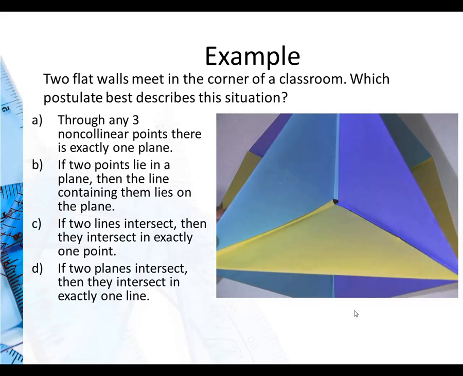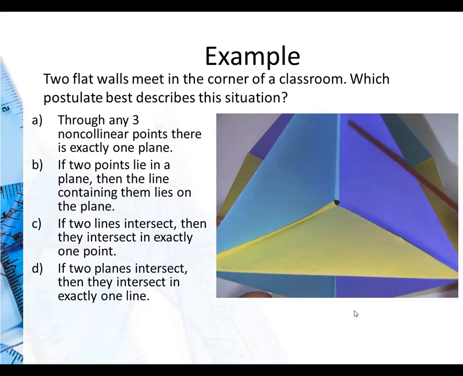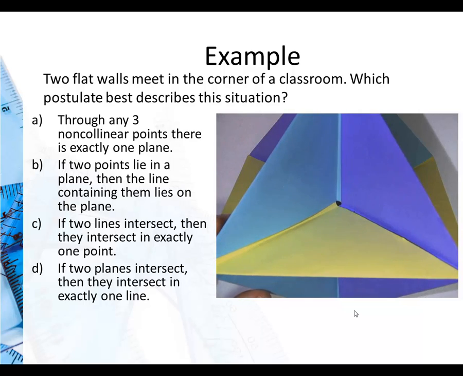Okay, if 2 points lie in a plane, then the line containing them lies in the plane. Well, we're not really talking about 2 points. We're talking about 2 planes. All right. If 2 lines intersect, then they intersect in exactly 1 point. Well, that's true. In fact, all of these are true. But is that really talking about the 2 planes that we have here in the wall?